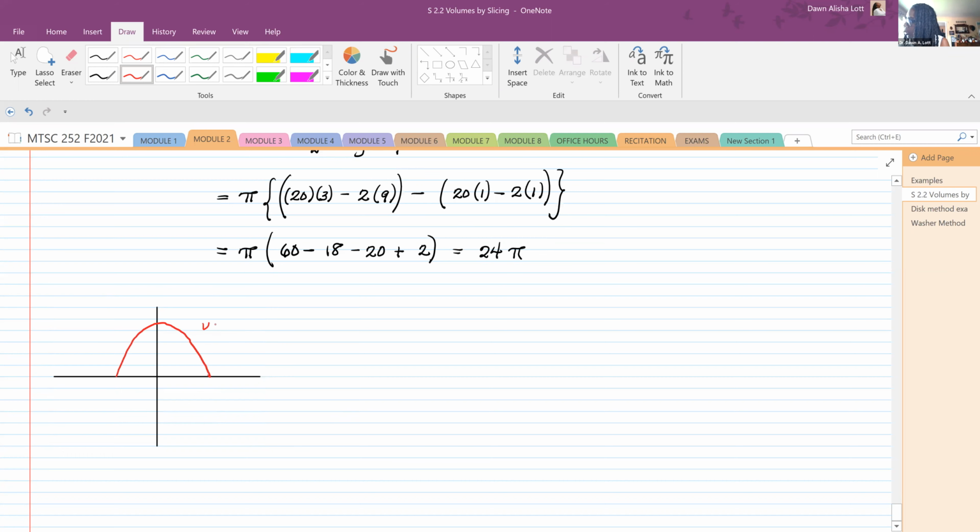This is y is equal to some f of x. And so then you will revolve it down here like this. You will find your point, and get a disk.